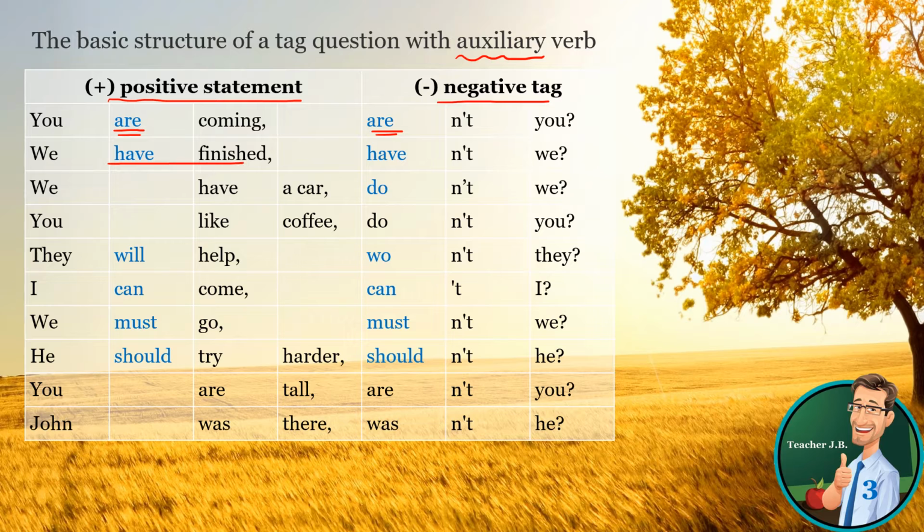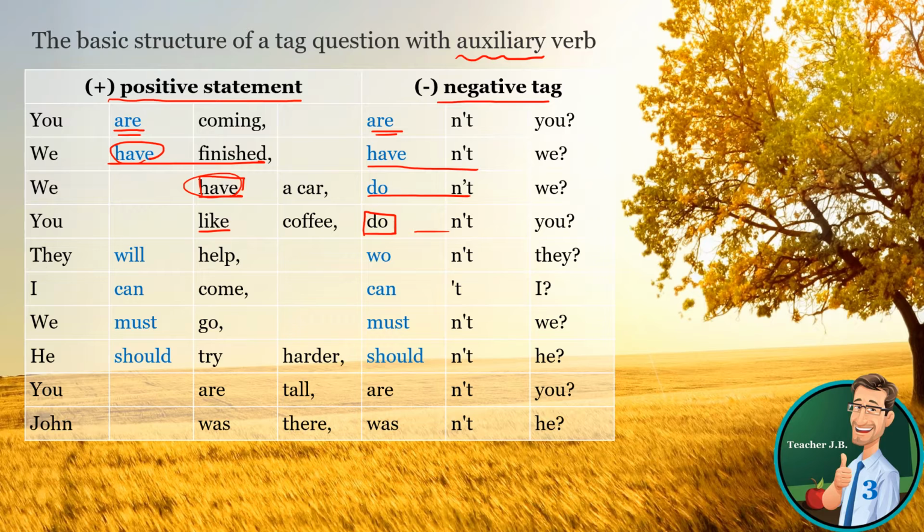This is present perfect and this is the auxiliary, so we tag it: haven't you? We have a car. This is not an auxiliary, this is a main verb, so we do it with don't we? And you like coffee. Again, this like is not an auxiliary. This is a main verb, so we use do: don't you?